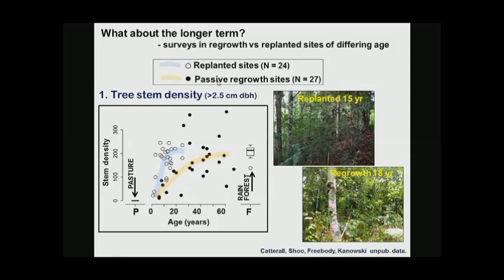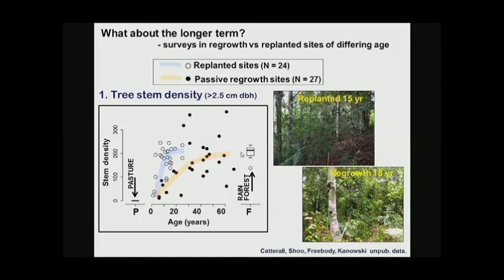And there's a fairly complex little graph here in which each point is a different site. And we've measured stem density. So this is the density of trees, from 0 to 60 years, and in pasture we've got just about none. In rainforest we've got that much.